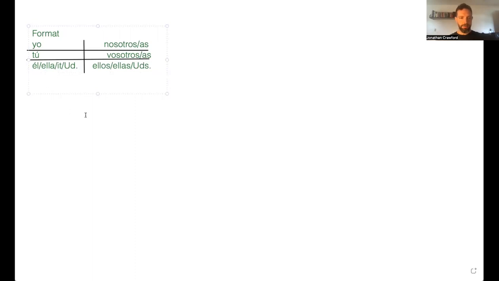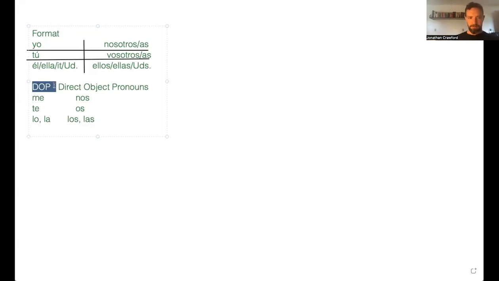Direct object pronouns are often abbreviated. Here they are. Direct object pronouns. So there it is, DOPs. A lot of times teachers will put DOP for short. So direct object pronouns. That's what it stands for.